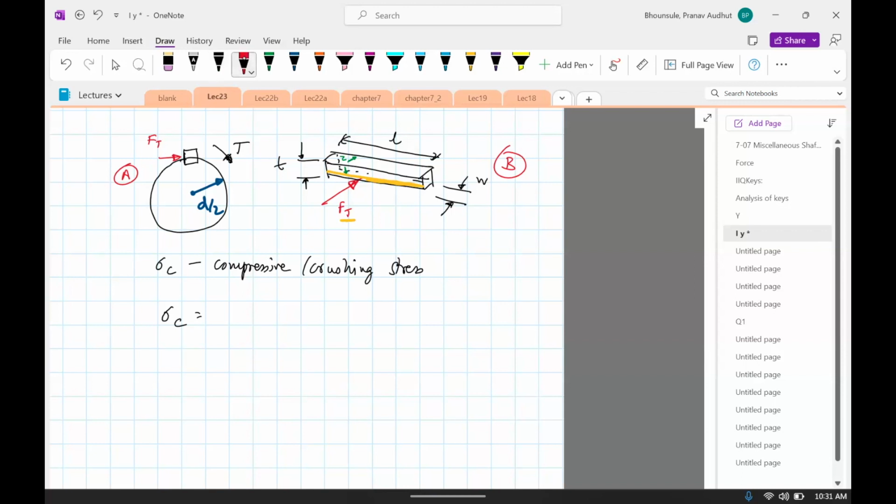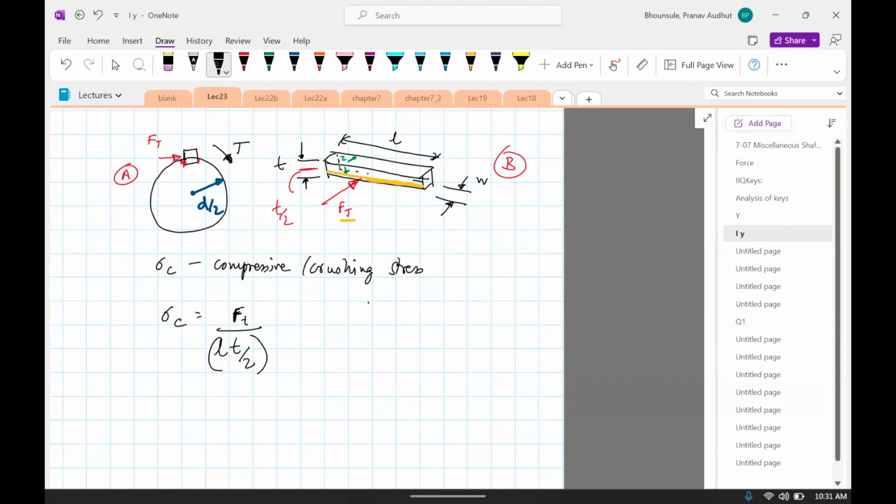It's only going to be half of this, t divided by 2. So sigma C is the force Ft divided by the cross section over which it acts. It only acts over half of that region because half of that sits inside this groove. So it's going to be the length times t divided by 2.